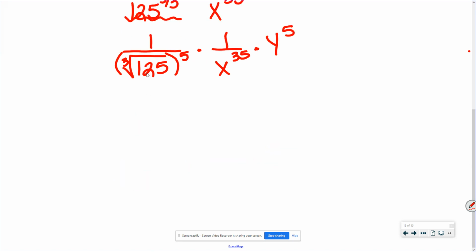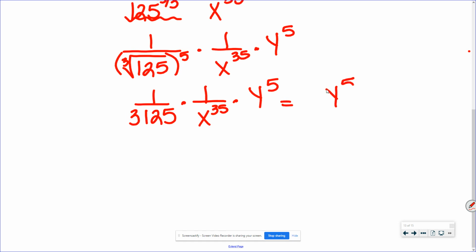All right, cube root of 125 is 5, and 5 to the 5th power is 3,125. Okay, and then we're going to do top times top, bottom times bottom, just like we did before, and this would be exactly how you would want to type in your answer.